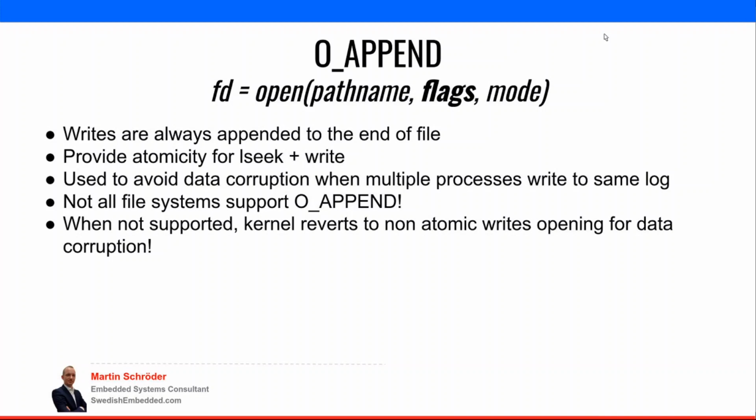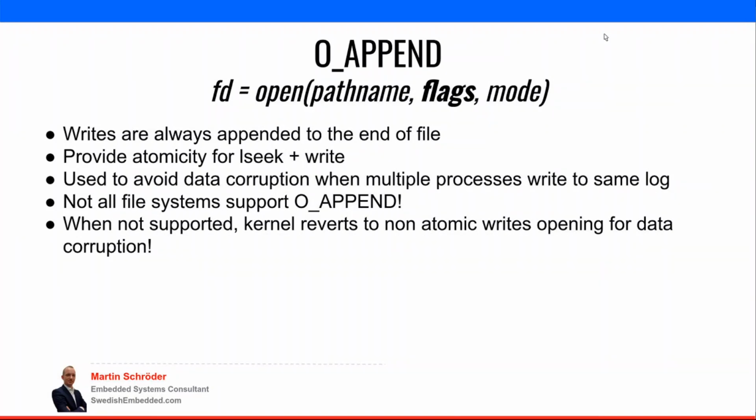Now, important thing to know here is that not all file systems support Append, and if they don't support Append, then the system is not going to use that functionality, and you will end up basically with the data corruption that would occur if you don't use Append and just use seek and write.